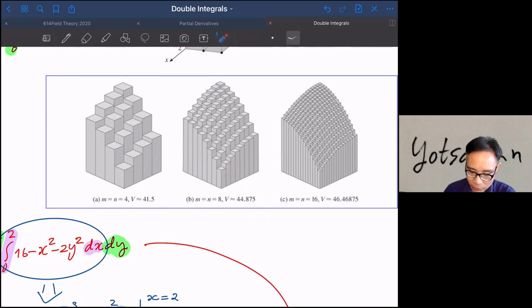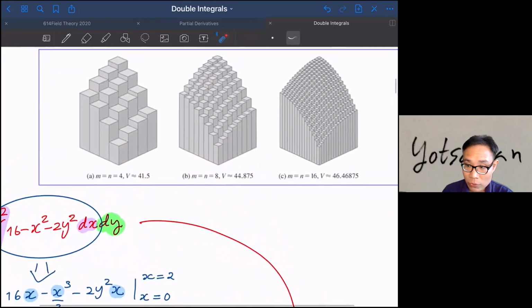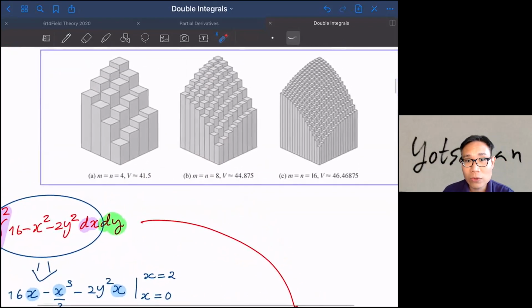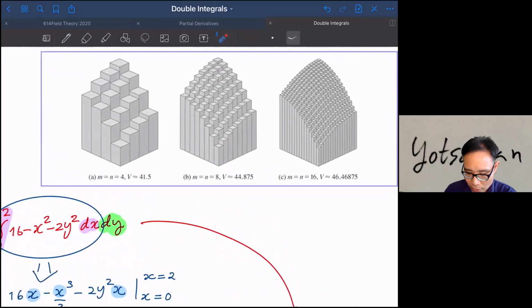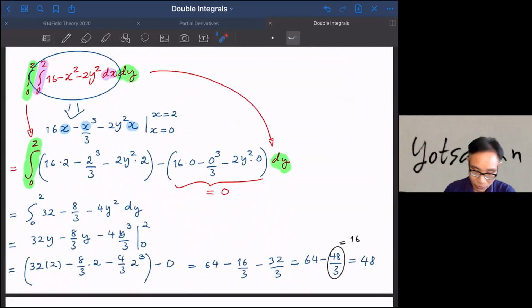And if you subdivide into 256 bars, m equal to 16 and n equal to 16, you get 46.46875. However, the exact volume turned out to be given by 48.